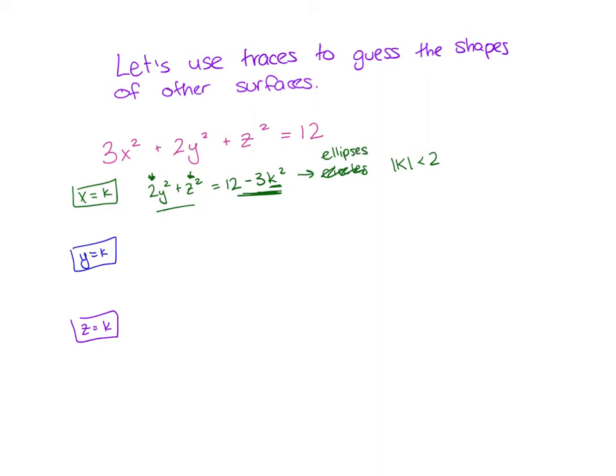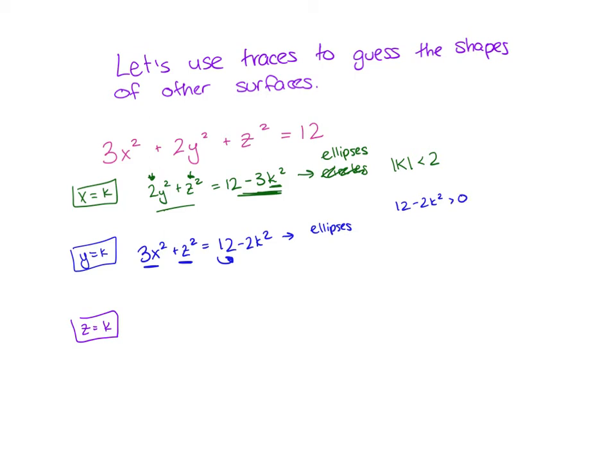Okay, let's try to see what happens when y equals a constant. So I get 3x squared plus z squared is equal to 12 minus 2k squared. So again, I've got an x squared and a z squared equaling some constant. So that's going to give me ellipses, as long as that constant is greater than 0.